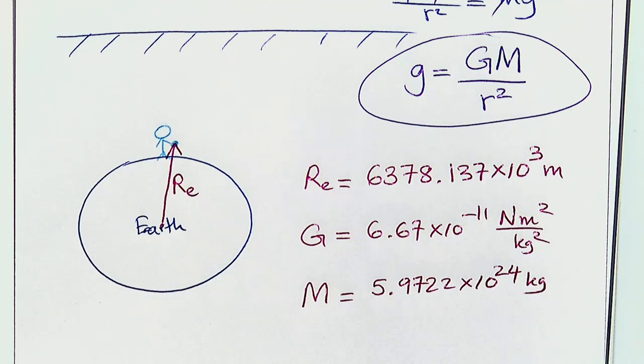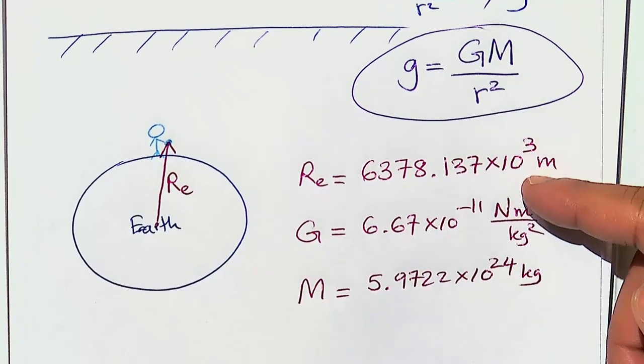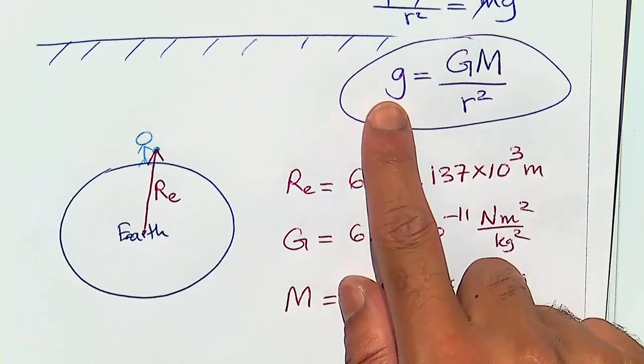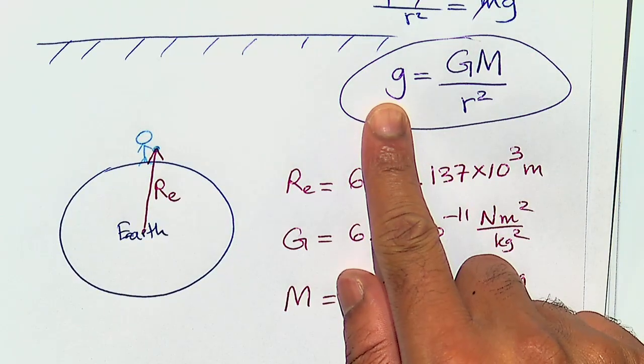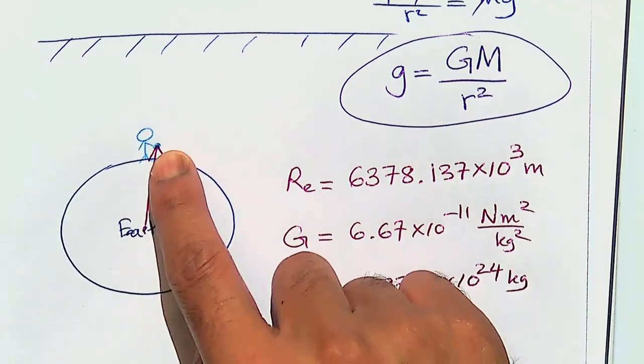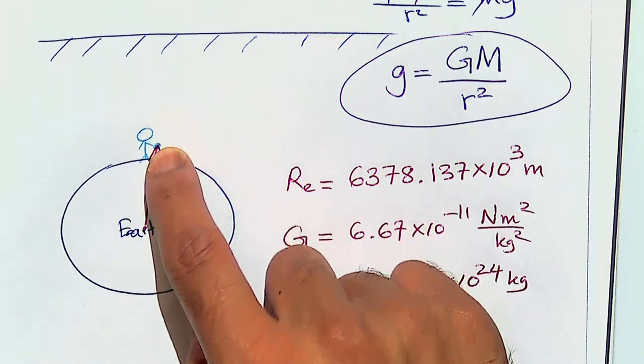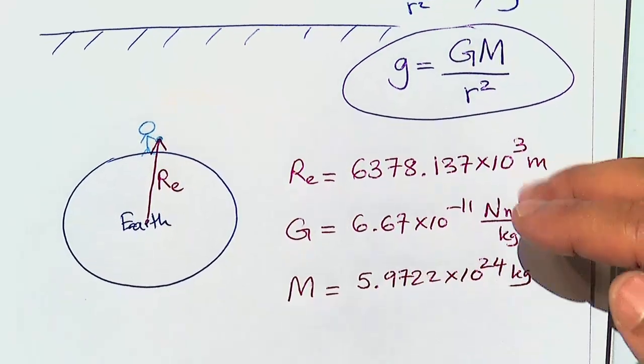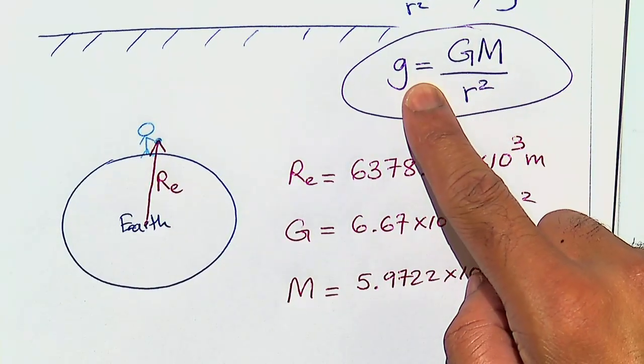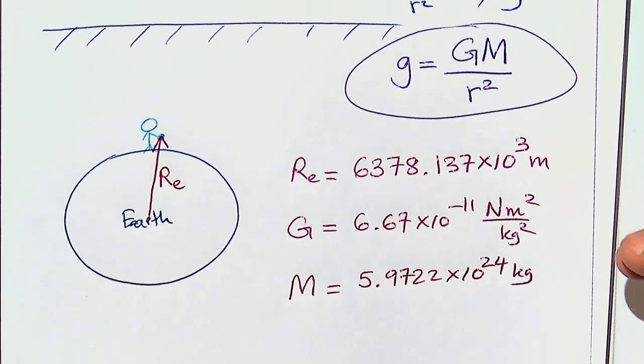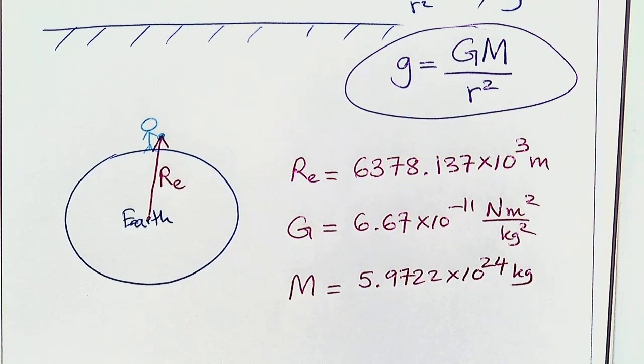The other thing you can do is calculate what g should be at the International Space Station. Take the radius of the Earth, add the altitude of the International Space Station, and figure out the value of g. You'll see it's smaller than on the surface of the Earth, but it's not zero.